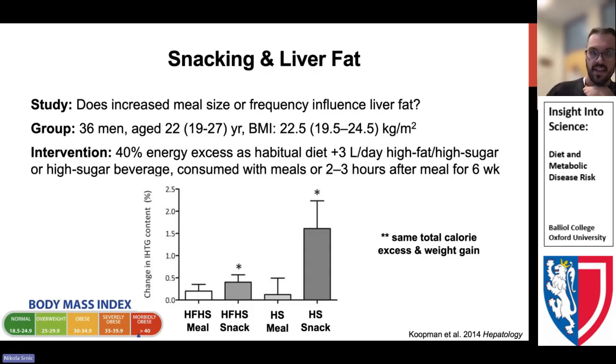So this suggests that if you eat the same amount of food, but have it as 3 meals, versus having your meals spread out and you snack, this does lead to different effects on your metabolic health and metabolic consequences.